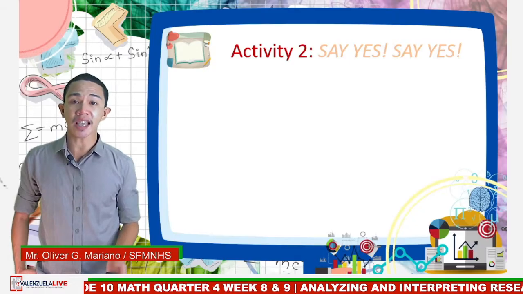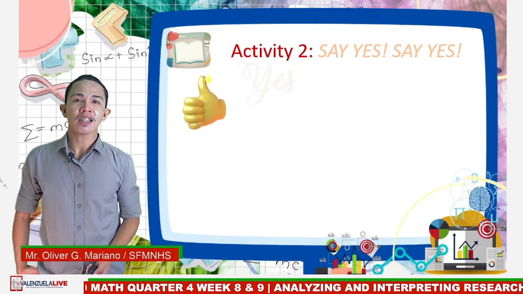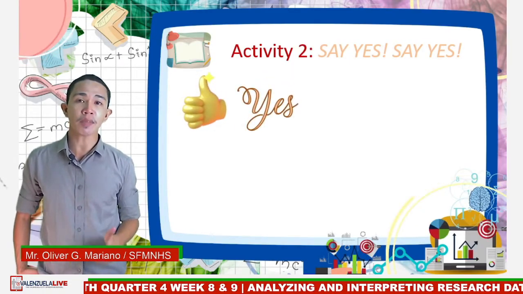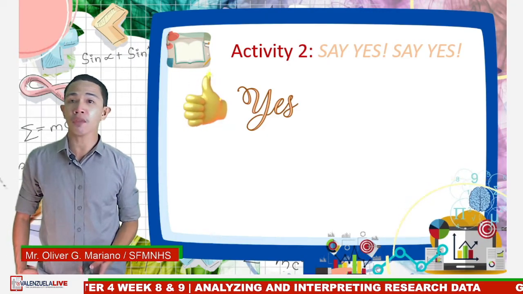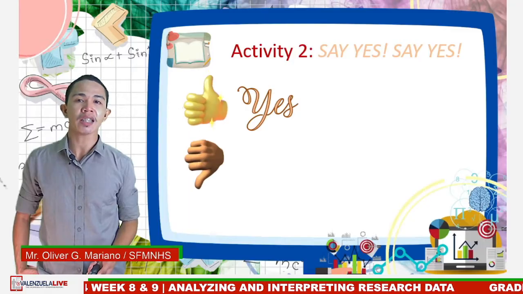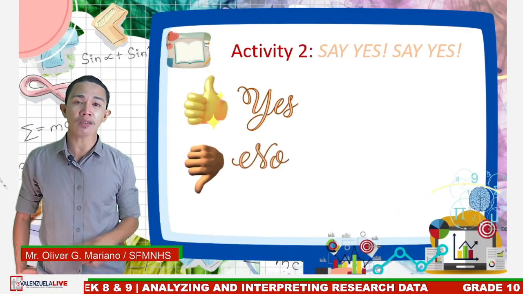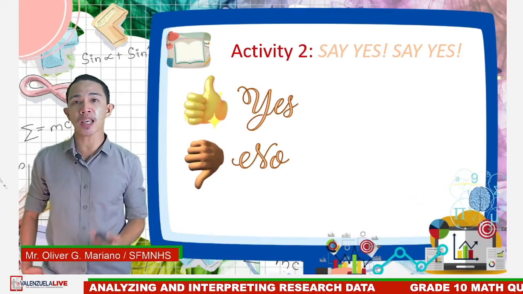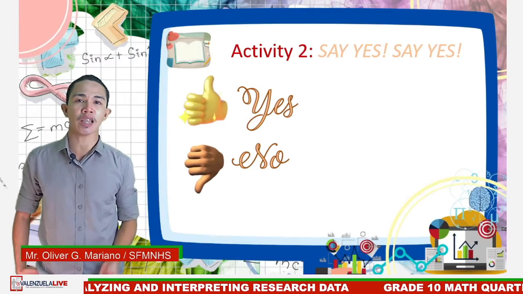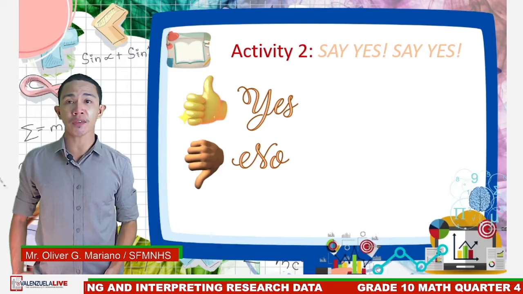If you say yes to that, just drop the thumbs up emoji in our comment box. But if you're saying no to that, drop the thumbs down emoji. I will give you 5 seconds to think about each of these items. Are you ready for the first one?